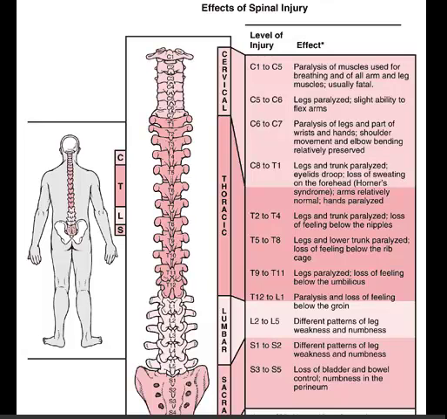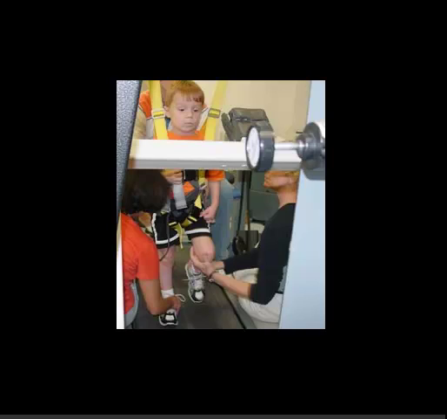Young children are more susceptible to upper spinal cord injury because the head size is larger in relation to their body size. As the child grows older, the likelihood of injury moves, of course, distally. 75% of children who sustain spinal cord injuries from motor vehicle accidents were not wearing seat belts at the time.